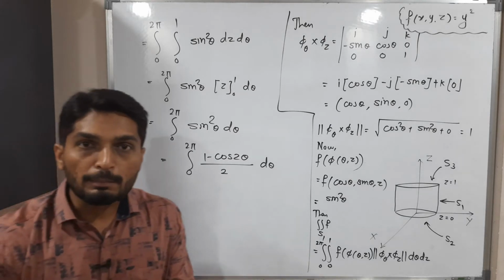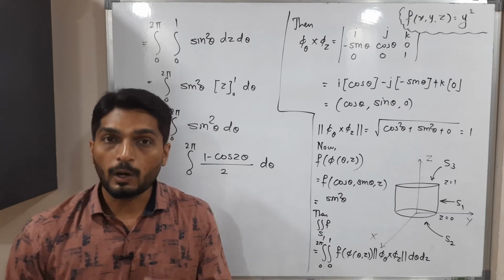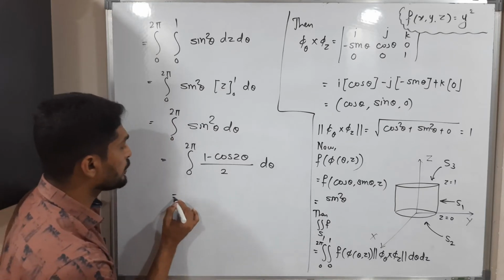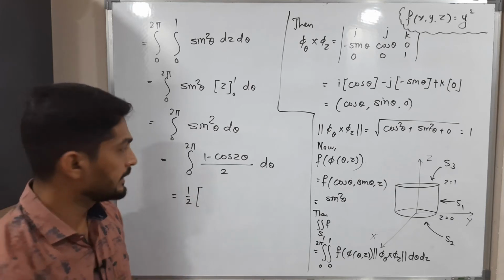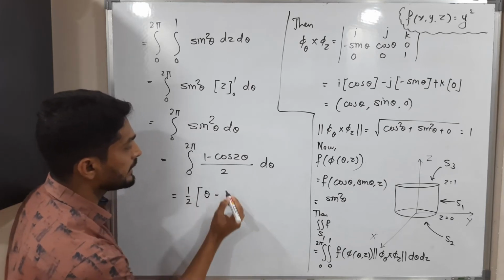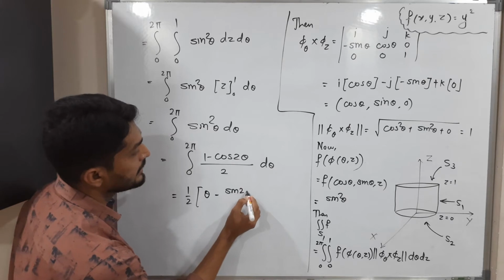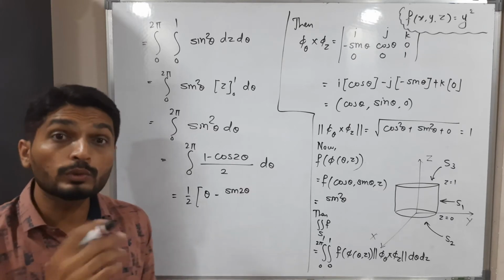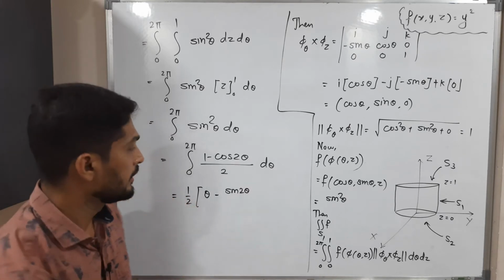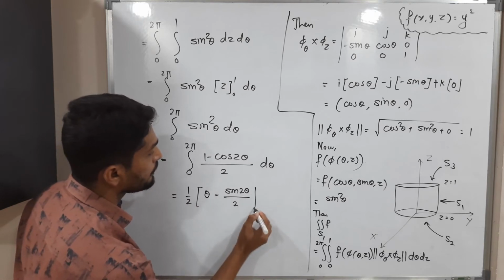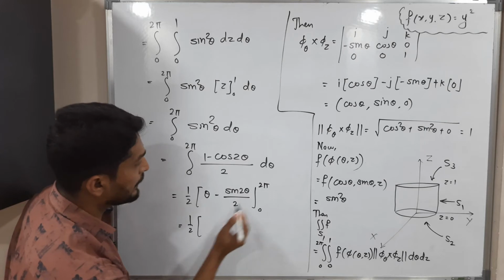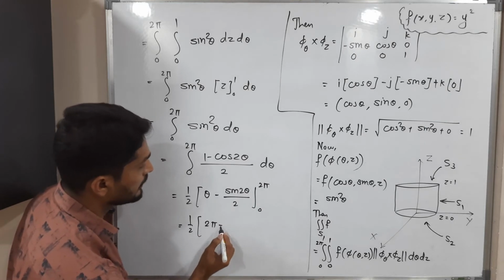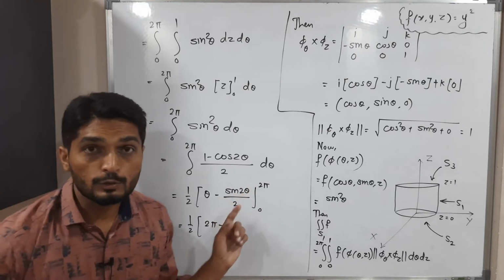So basically 1 by 2 is a constant, it will come outside the integration. Integration of 1 is theta, minus integration of cos 2 theta, which is sin 2 theta divided by 2, limits 0 to 2 pi. So 1 by 2, I am putting upper limit 2 pi here, so sin 4 pi.